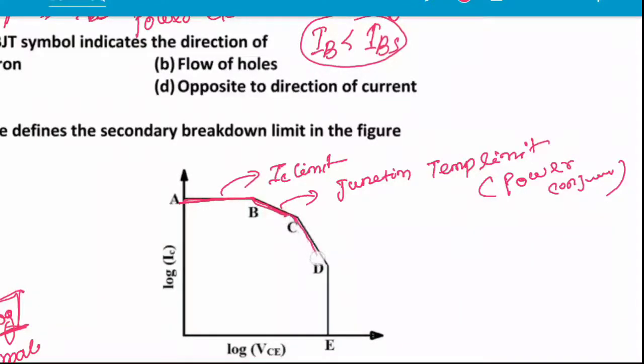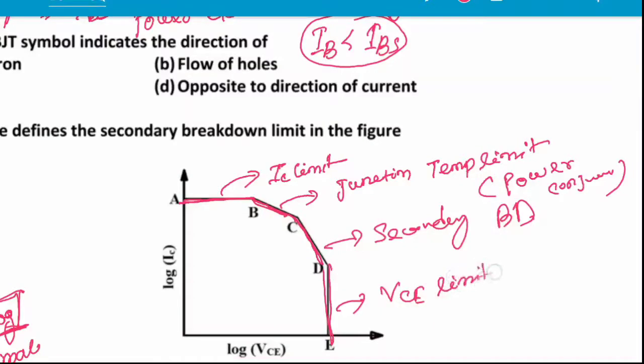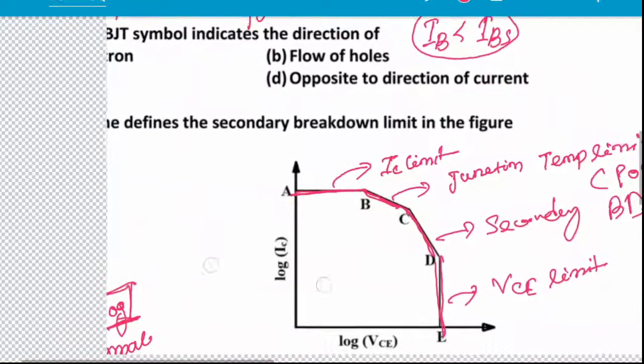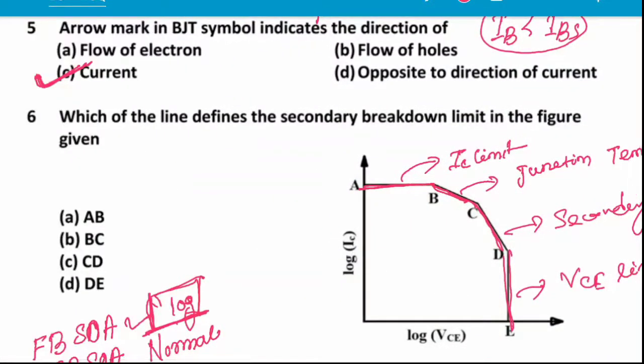The CD portion gives the secondary breakdown and the DE portion gives the VCE limit. So the question here asked which portion gives secondary breakdown? The answer is CD.